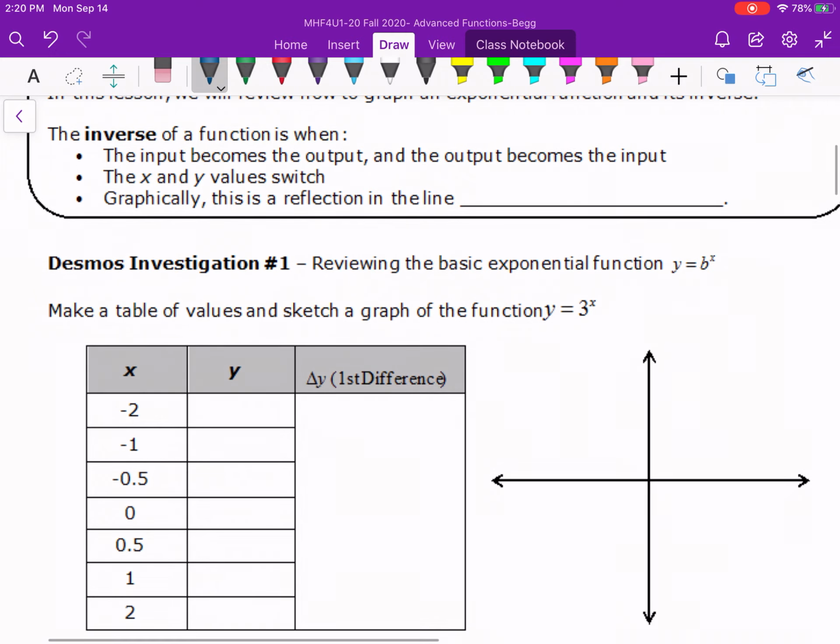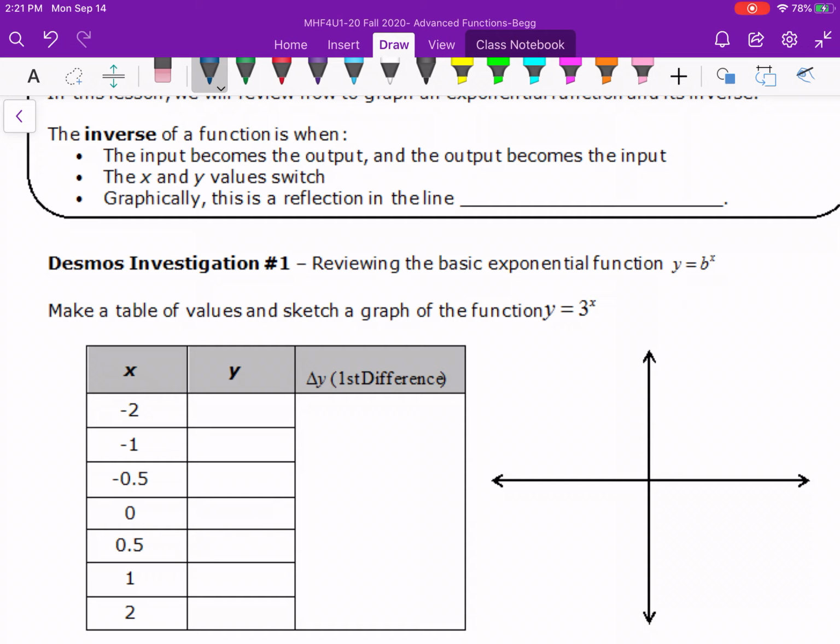The inverse of a function is when the input becomes the output. So this is just a reminder of what an inverse is, because I don't think we've talked about it yet in this course. So remember, an inverse undoes an original function. So the input and the output switch places, which means that the x and y values switch, since x is traditionally our input and y is traditionally our output.